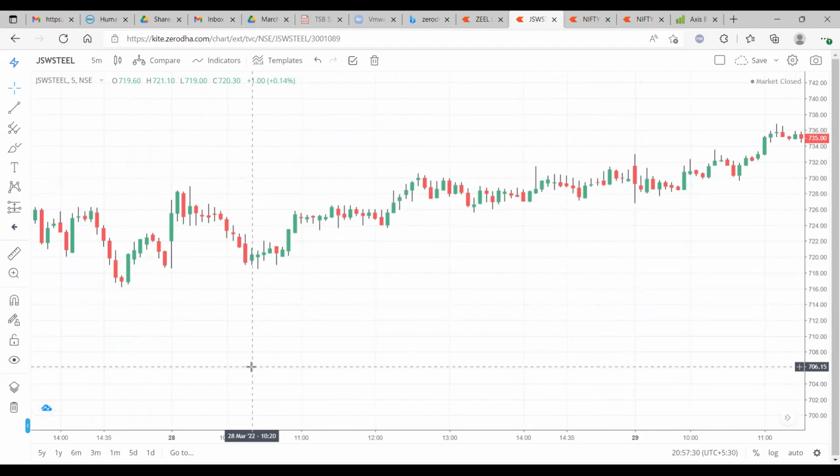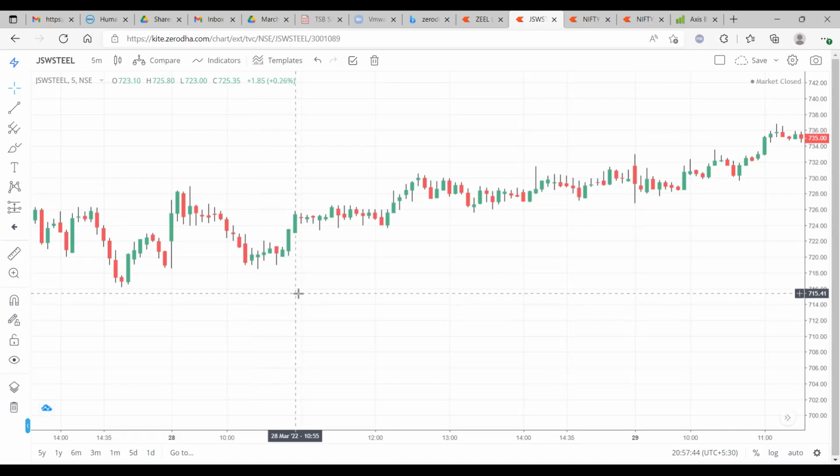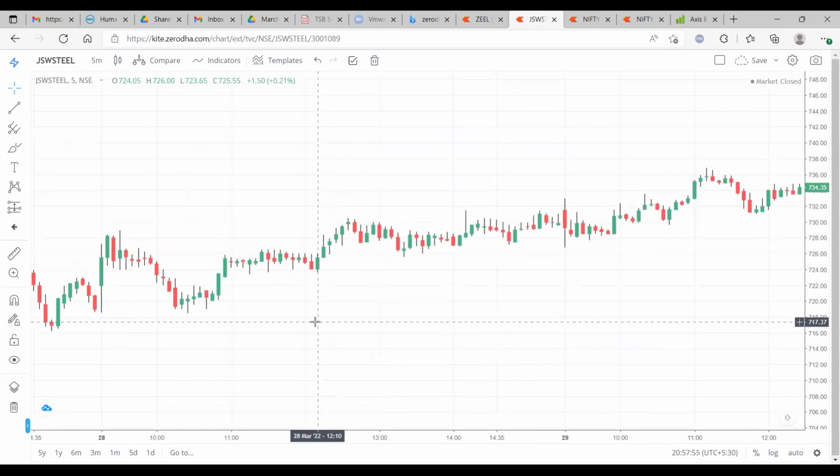If you're an intraday trader, means you want to complete your trading in the next 15-20 minutes, then you have to choose 5 minutes and 15 minutes. I'll give you those timings. Does it also show you the trend, if you have a time frame? Yes. With the help of indicators, we can actually see the market trend as well.